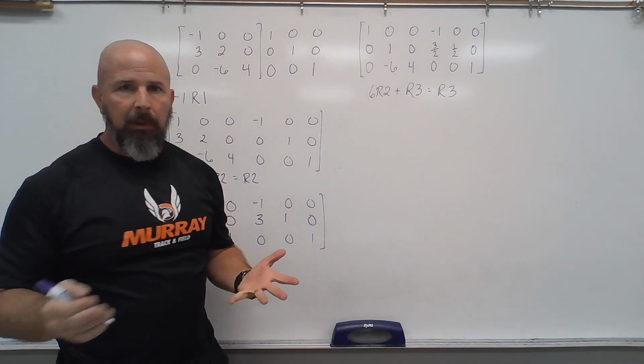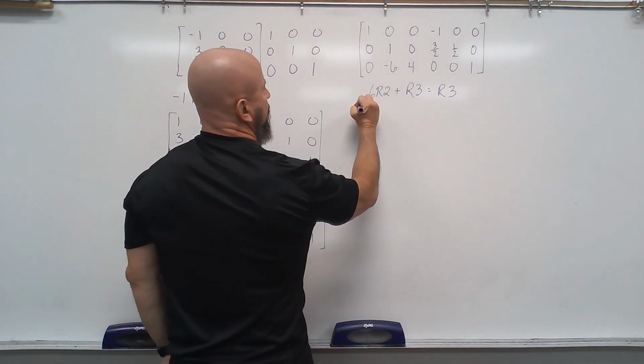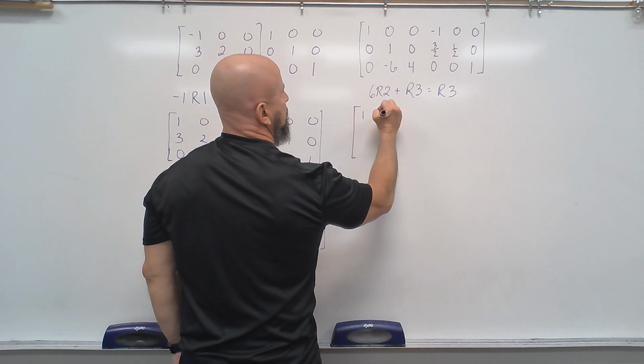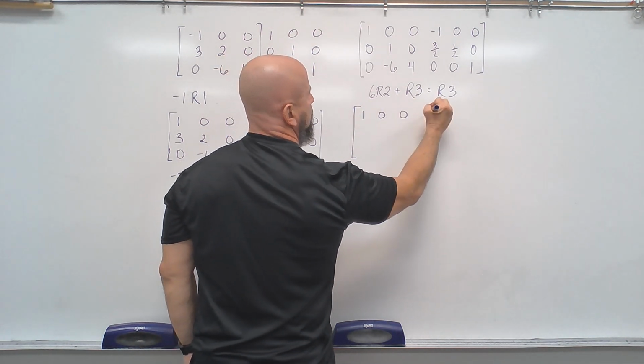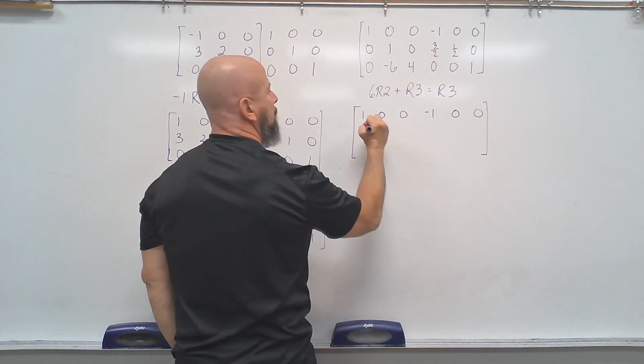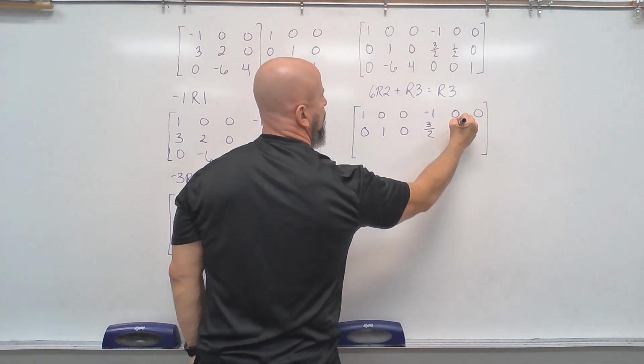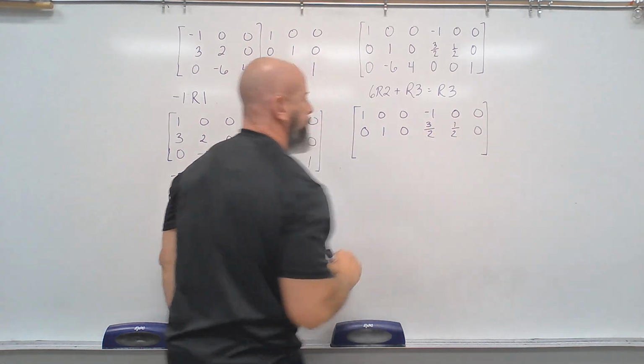So my answer is going in R3 or row 3. I'm leaving 1 and 2 alone. They're already like I want them. So I'm going to go rewrite 1 and 2. 1, 0, 0, negative 1, 0, 0. 0, 1, 0. See, 3 halves, 1 half, 0.